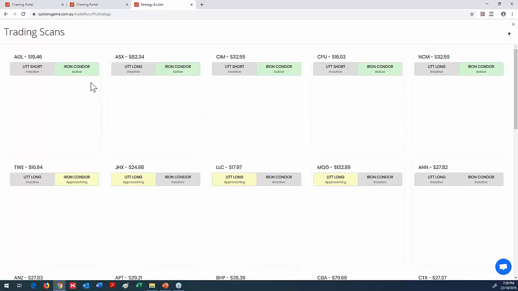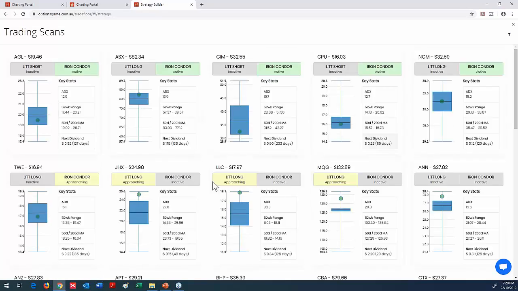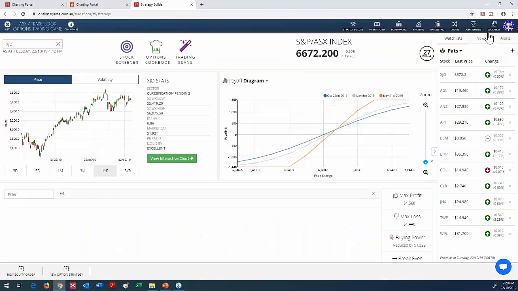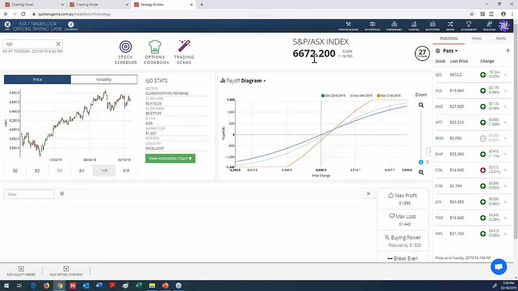I'm imagining we'll have an approaching lit long, approaching LLC. The moment that goes green, if you click on it, it'll pre-populate a lit long strategy, which is an at-the-money bull put spread. There is an algorithm behind it that calculates exactly what strikes we would buy. And off we go from there.